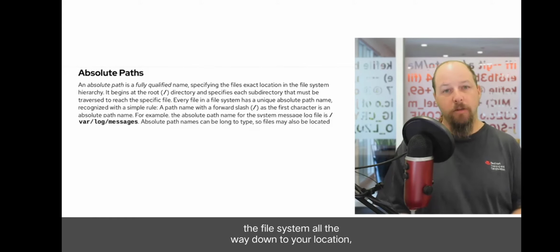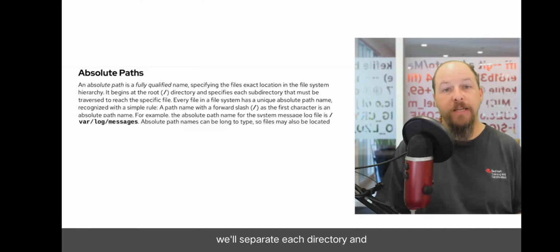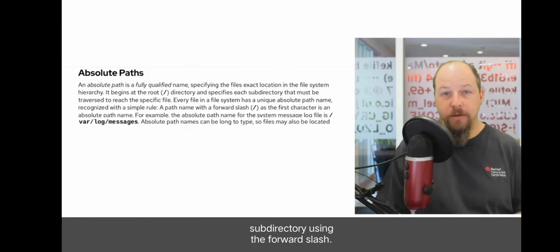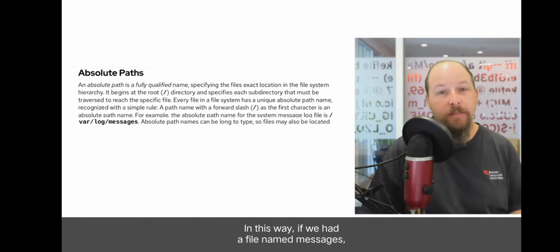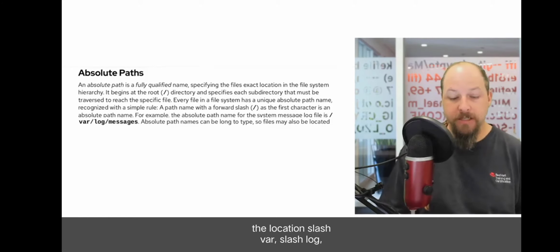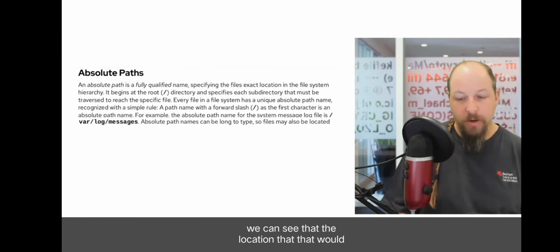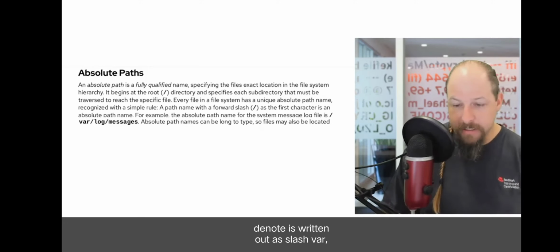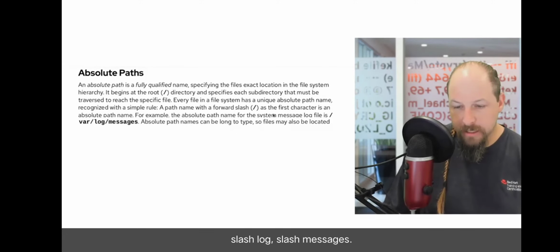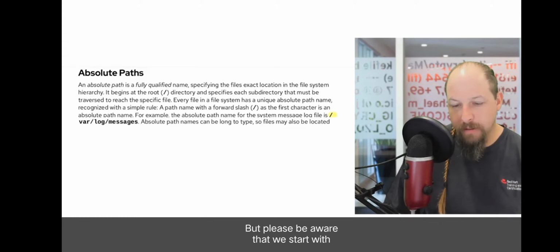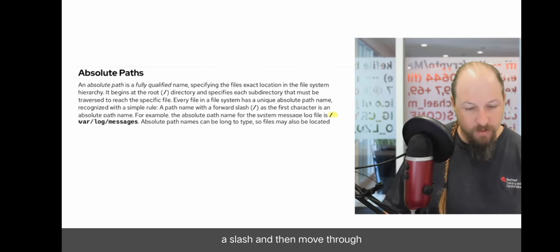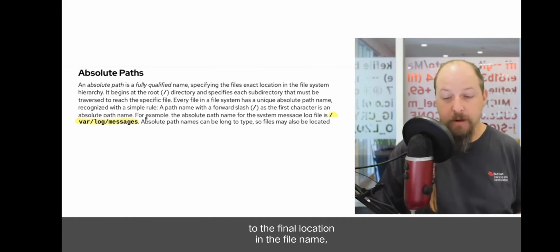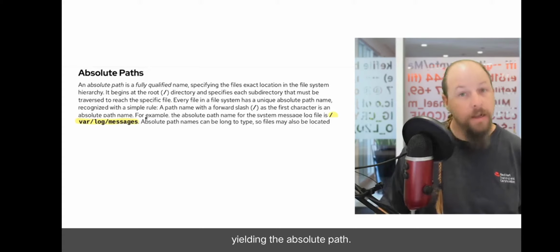As you try to traverse the file system all the way down to your location, we'll separate each directory and subdirectory using the /. In this way, if we had a file named messages in the location /var/log, the location would be written out as /var/log/messages. But please be aware that we start with a slash and then move through the various directories down to the final location of the file name, yielding the absolute path.